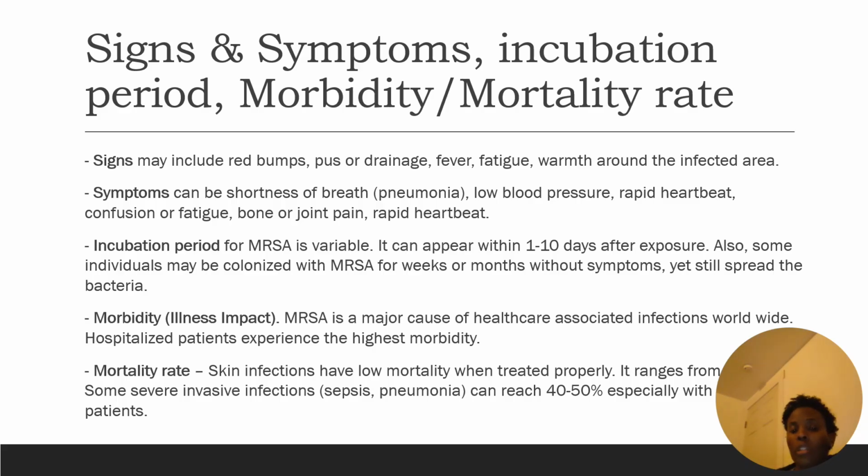Symptoms can be shortness of breath, low blood pressure, rapid heartbeat, confusion, fatigue, bone or joint pain. If somebody has a wound and complains of all these symptoms, I would advise you to take a culture to rule out MRSA.